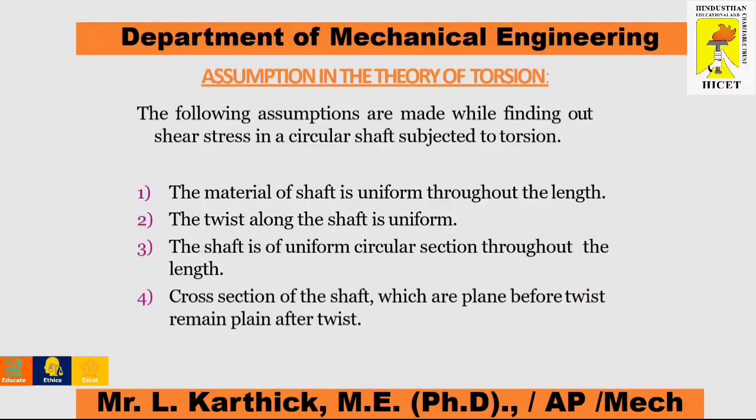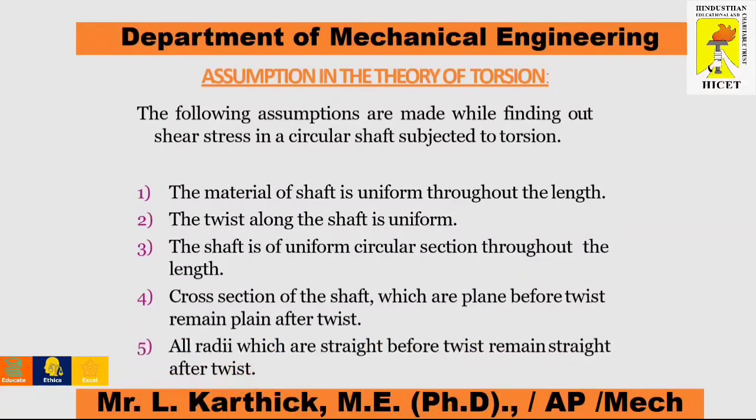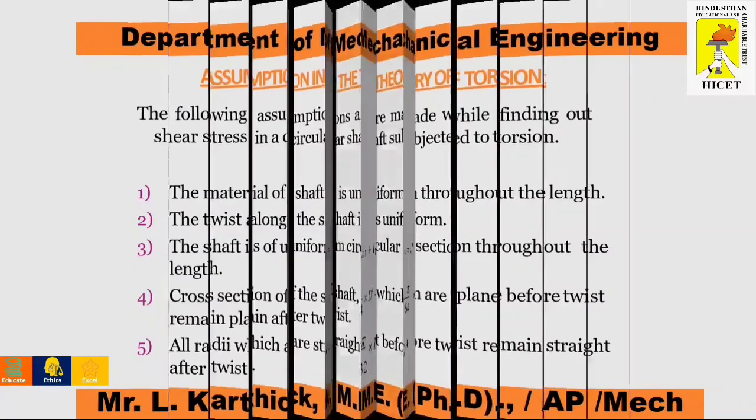The cross sections of the shaft which are plane before twist remain plane after twist. And all radii which are straight before twist remain straight after twist. These are some of the assumptions of the theory of torsion, or pure torsion.